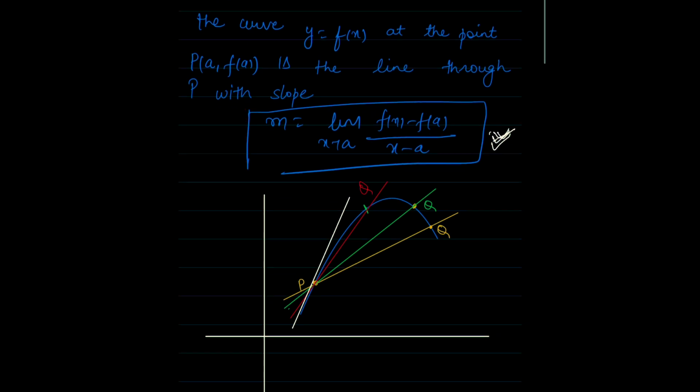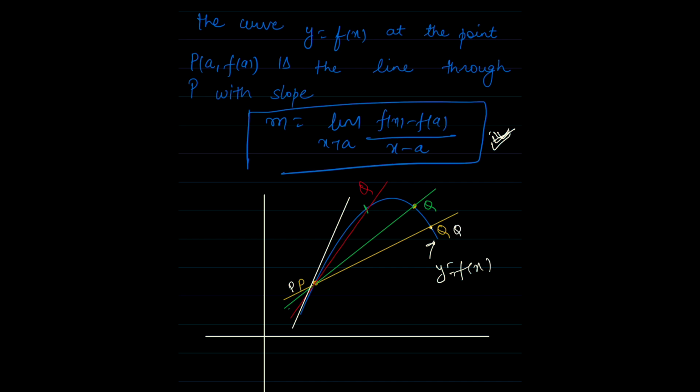Let us suppose that we have a function y equal to f(x). In this function there are two points, P and Q, which lie on the function. First of all, the point P is fixed here, and the point Q is moving.